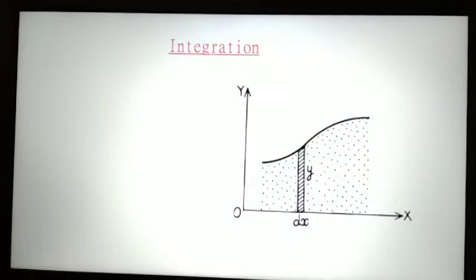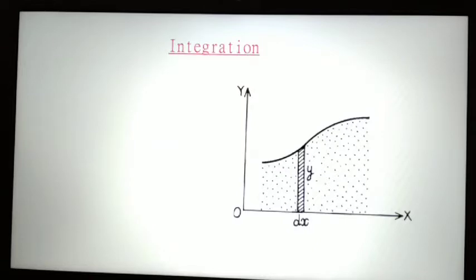Or you can consider it as f of x1 into dx1. The first thickness dx1 you have calculated, and the corresponding value of f should be f of x1, whatever it may be.